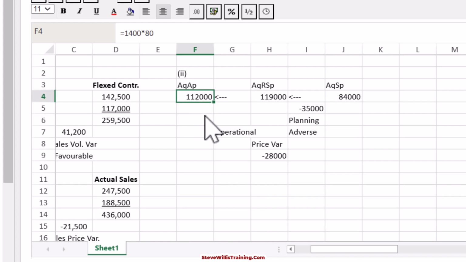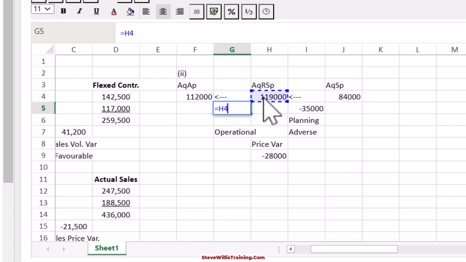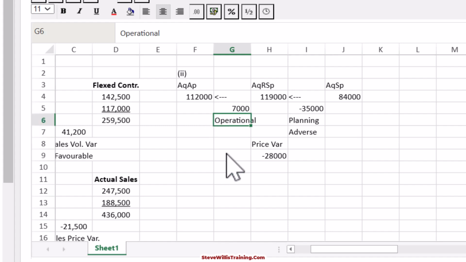So the total impact there would be equal to the 119 minus the 112. That number is favorable because it is positive. It's a lower number. It's a cost, so it's favorable.